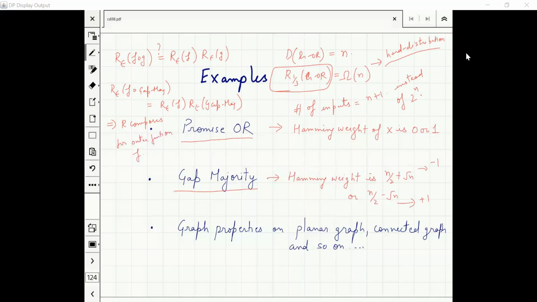If my F composes with gap majority, it will compose with every inner function G. In other words, when you talk about composition, you only have to care about the case when your inner function is gap majority.